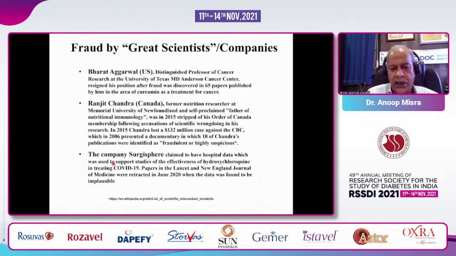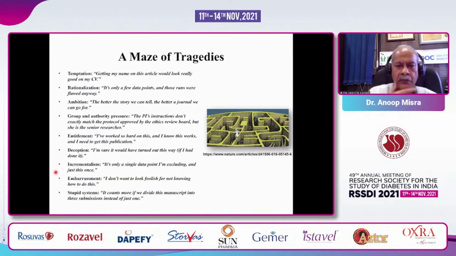And recently, the company Surgisphere claimed to have hospital data which was used to support studies of the effectiveness of hydroxychloroquine in treating COVID-19, and papers in Lancet and New England Journal of Medicine were retracted. So it's a maze of tragedy.